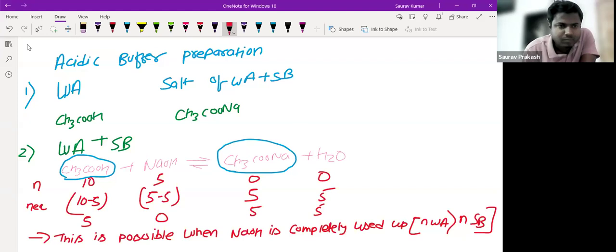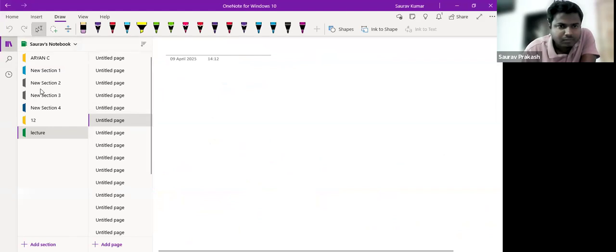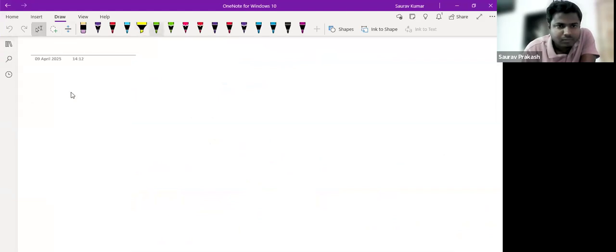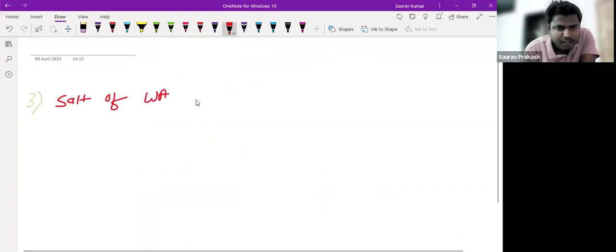The next method will be salt of weak acid plus strong acid.